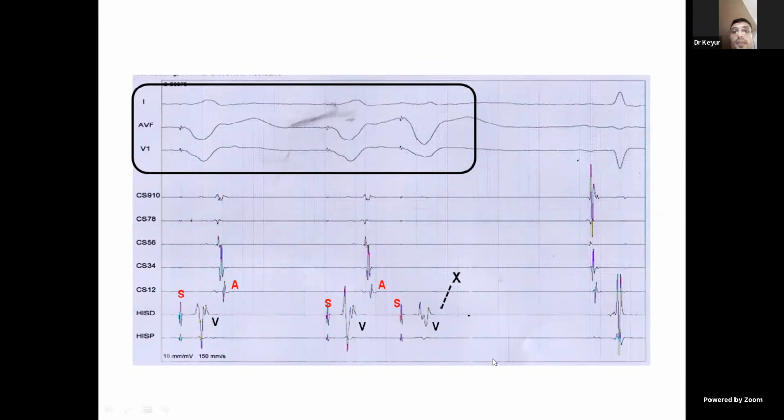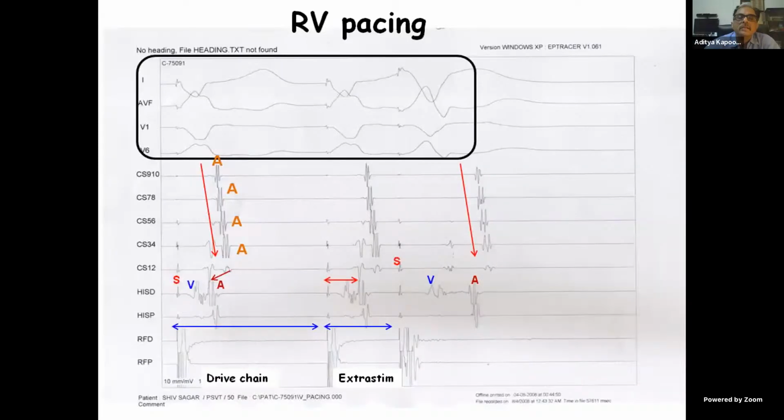Yes, sir. So जब जितना हम premature इसको करते जाएंगे, there will come a time when the stimulus will come, it will get blocked retrogradely in the AV node, right? So this interval will become our ventriculoatrial effective refractory period, VAERP. So I'll just show you this thing again. In this tracing, stimulus VA आया, decrementation हो गया, node is the earliest, right?